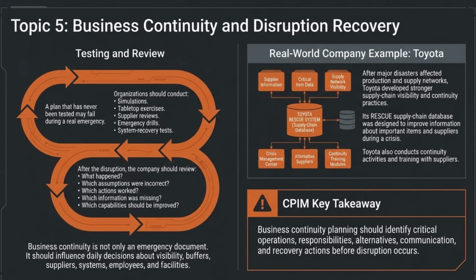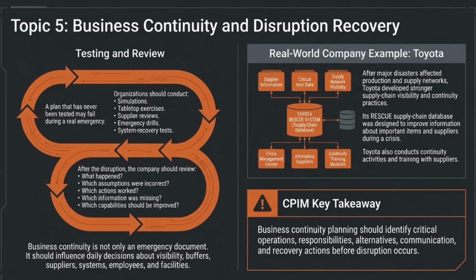Business continuity is not only an emergency document. It should influence daily decisions about visibility, buffers, suppliers, systems, employees, and facilities. Real-world company example, Toyota. After major disasters affected production and supply networks, Toyota developed stronger supply chain visibility and continuity practices.